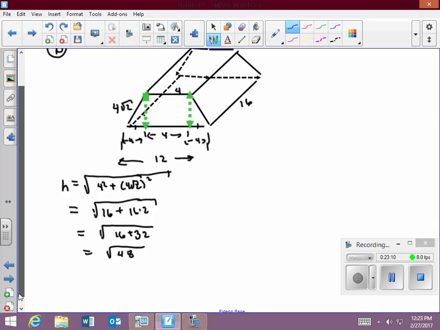And what is that? 4 times 16? That's 8, right? This factors into 4 times 12, which is 4 times 4 times 3. So it's going to come out with a 4 and under the square root of 3.